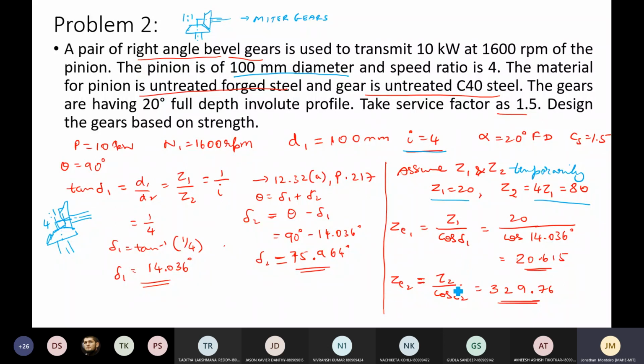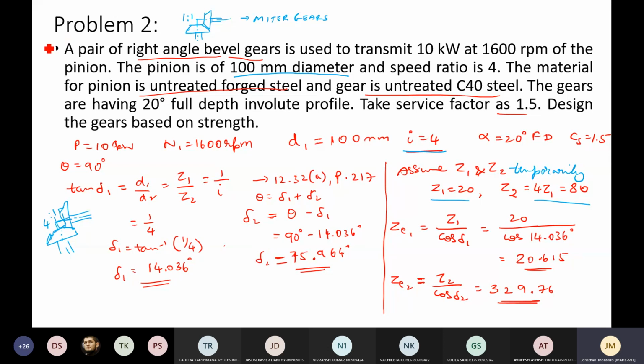Since the difference in angle is large, owing to this speed ratio i equal to 4, you got delta 1 as only 14 and delta 2 as 75, which is almost 5 times delta 1. That difference brought us to ZE1 and ZE2 being quite far apart. ZE1 was around 20.6 and ZE2 was around 329, a very large amount. So we'll continue now from here.